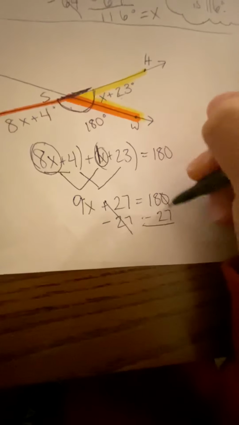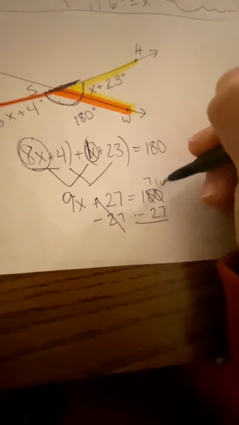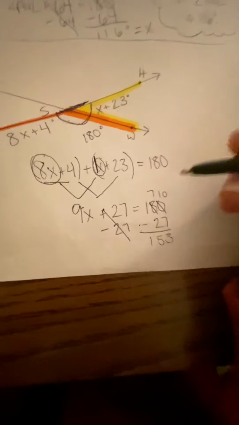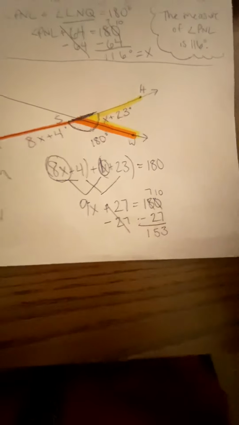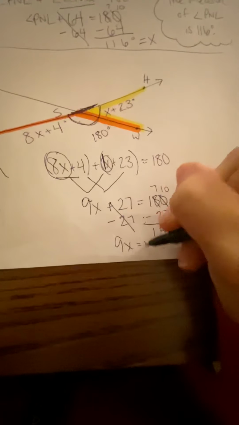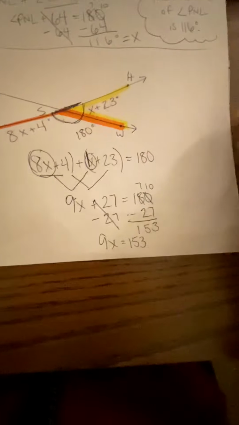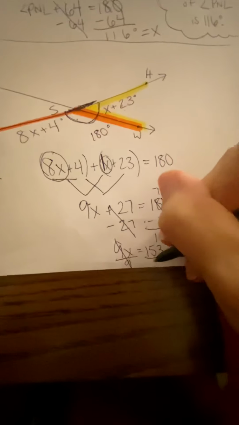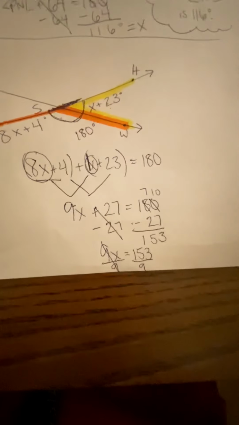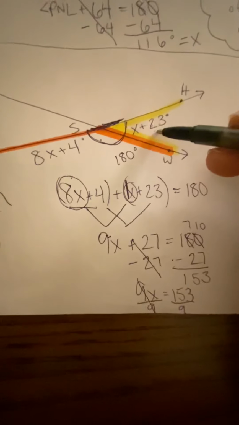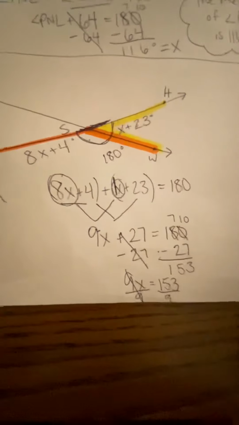So 180 minus 27, let's see. 9x is going to be equal to 153. Let's do some long division, because if I divide by 9 on both sides, I'm going to have the value of x, which I'm then going to plug back into these two expressions to find out what these two angles are.